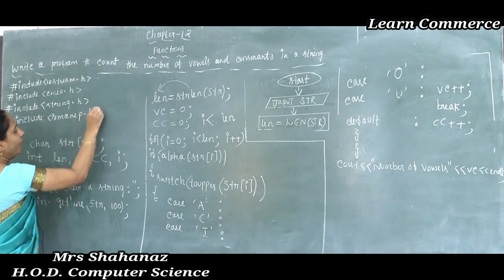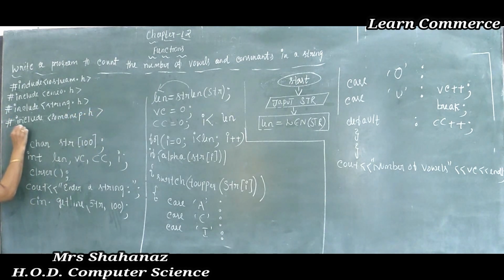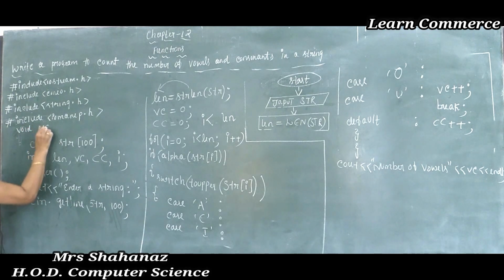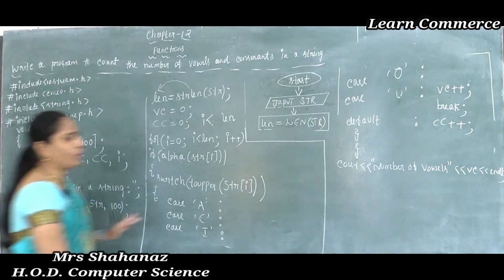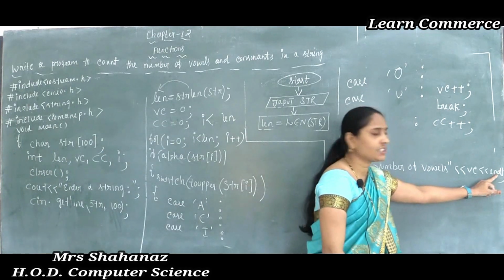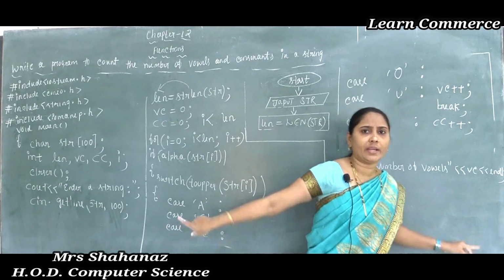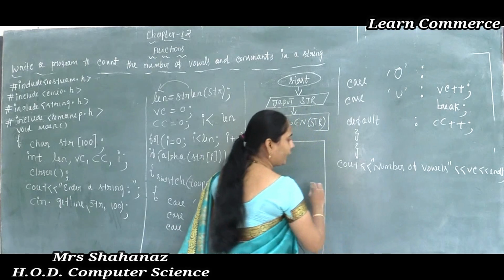Clear this point here? Hash include iomanip dot h, and we need to use void main as it is. Then the opening of the flower bracket. Because I want to use endl, I used the header file iomanip here.